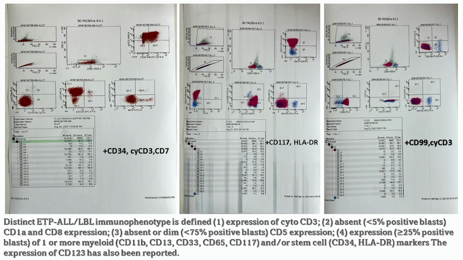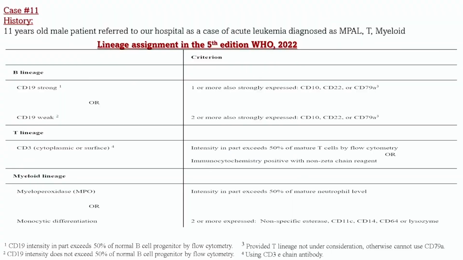And the most important thing that has been added with the WHO is that each marker that we use has to reach 50% positivity of the normal counterpart. CD19 has to reach 50% of the normal B cells. MPO has to reach 50% of the residual neutrophils, or we have to do a validation for the cutoff positivity of MPO.